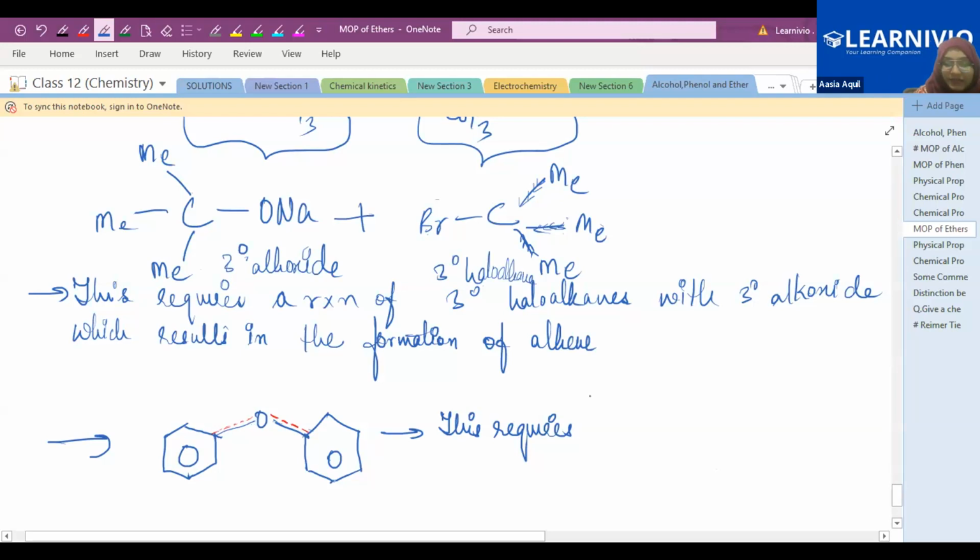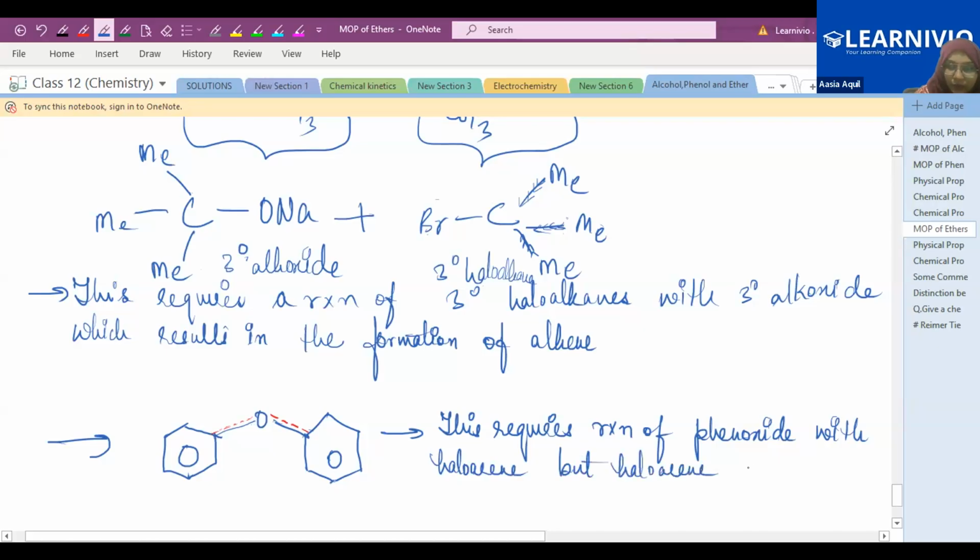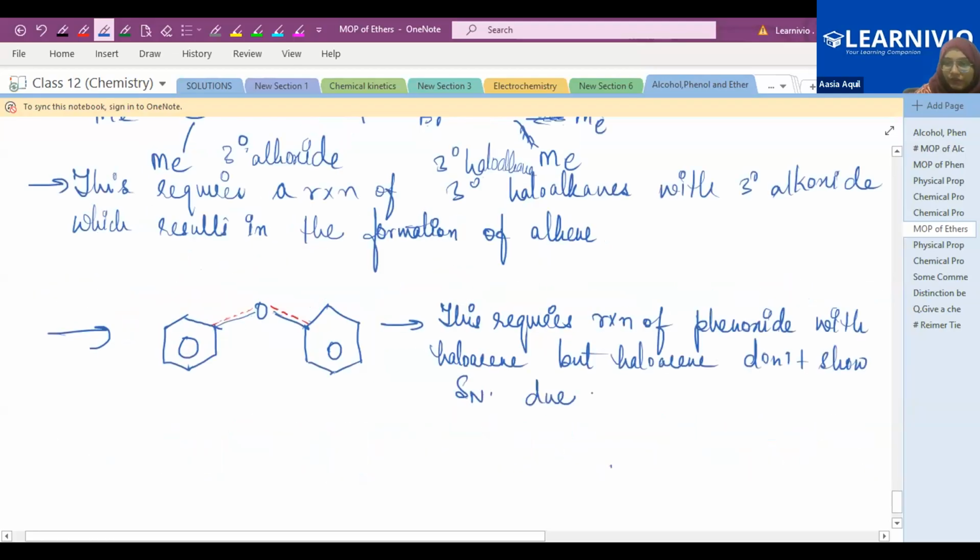So you can write down the reason: this requires the reaction of phenoxide with haloarenes, but haloarenes don't show nucleophilic substitution reaction due to the partial double bond character between the carbon of the benzene ring and the halogen, C-X.